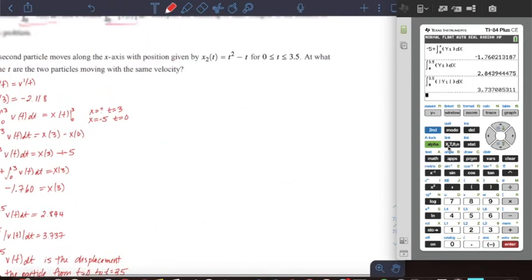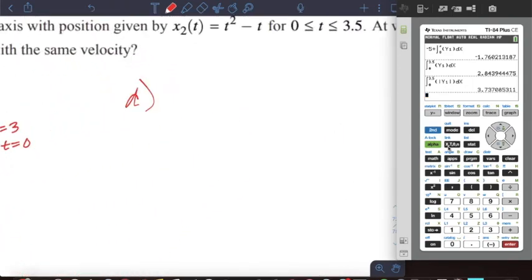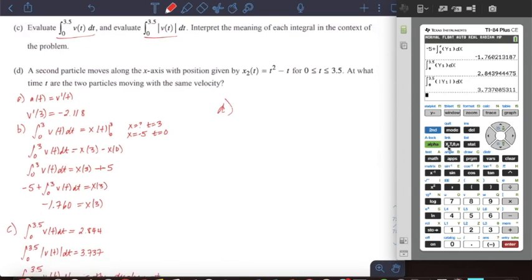Okay, part D. A second particle moves along the x-axis with position given by x sub 2 of t equals t squared minus t for t between 0 and 3.5. At what time t are the two particles moving with the same velocity?